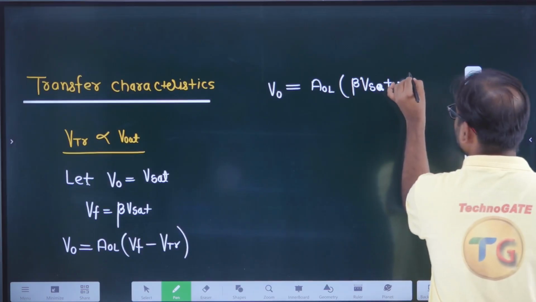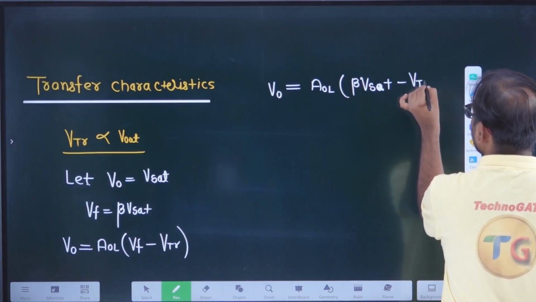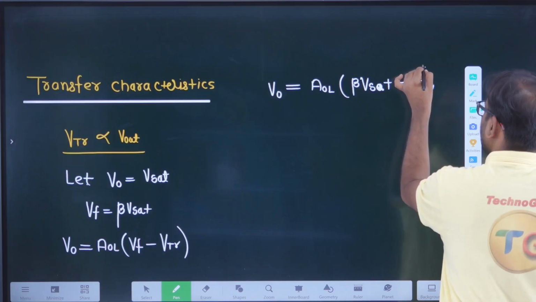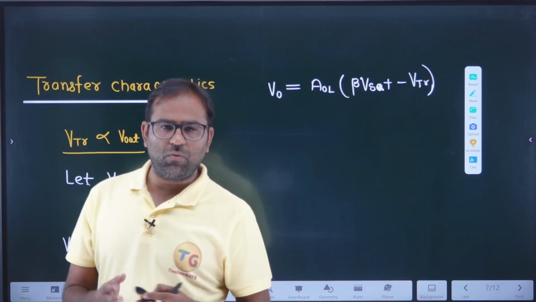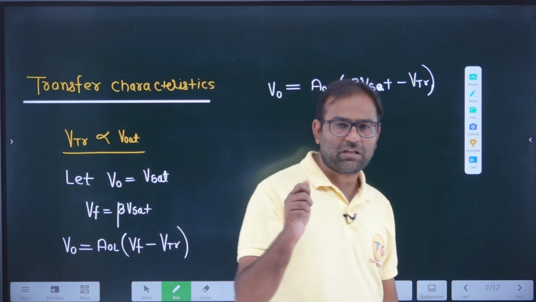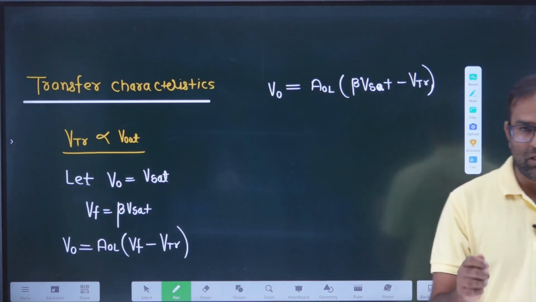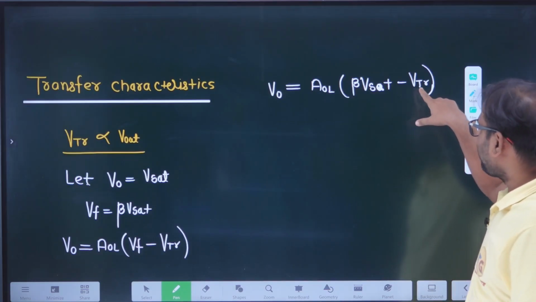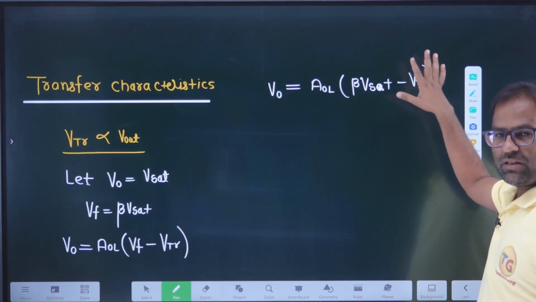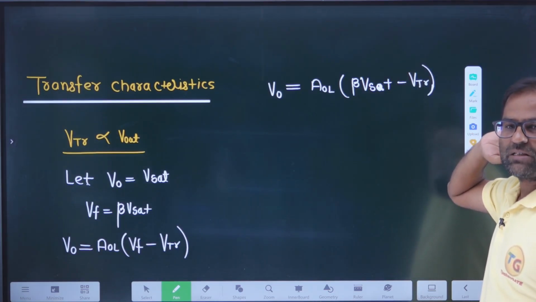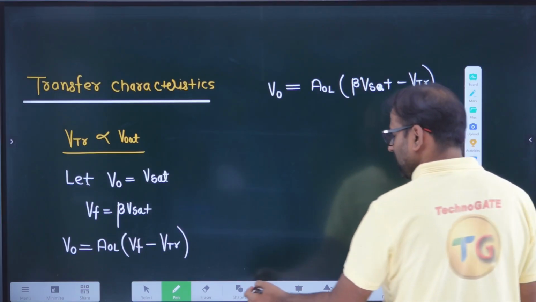The design of VTR is in the user's hands. So if you increase VTR beyond beta into V saturation, then only it will enter into the minus V saturation, otherwise it will be in the plus V saturation.